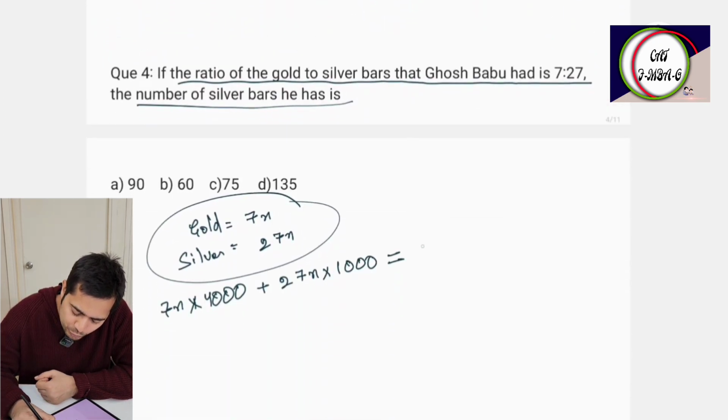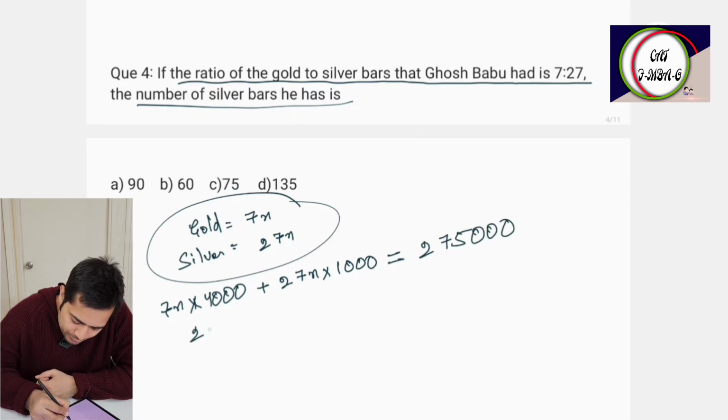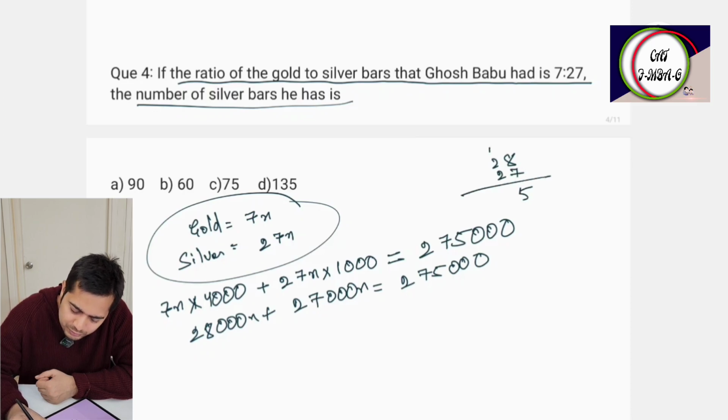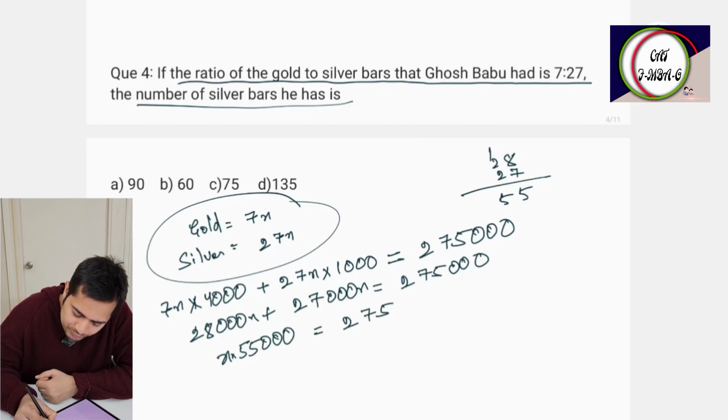So this is equal to 2,75,000. 28 plus 27 gives 55,000x, equal to 275.